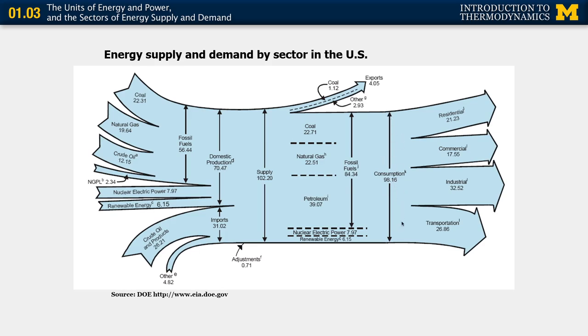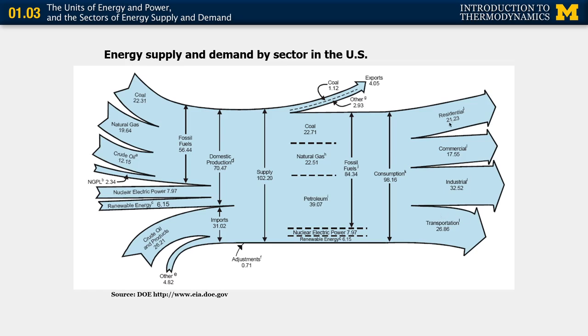Let's just say we have some 100% here of consumption. And if we look at the amounts of energy that are used in residential, commercial, industrial, and transportation sectors, we see that, well, it's almost roughly about 25% in each sector, a little less in residential, a little more in industrial, a little less in commercial, but there isn't an outlier. There isn't one area that is an energy hog.